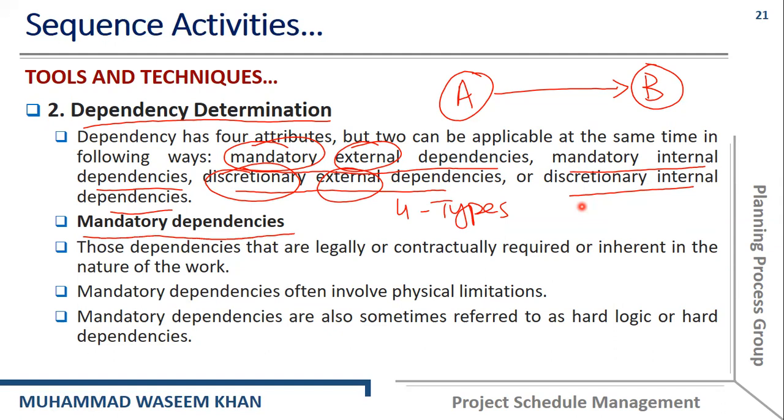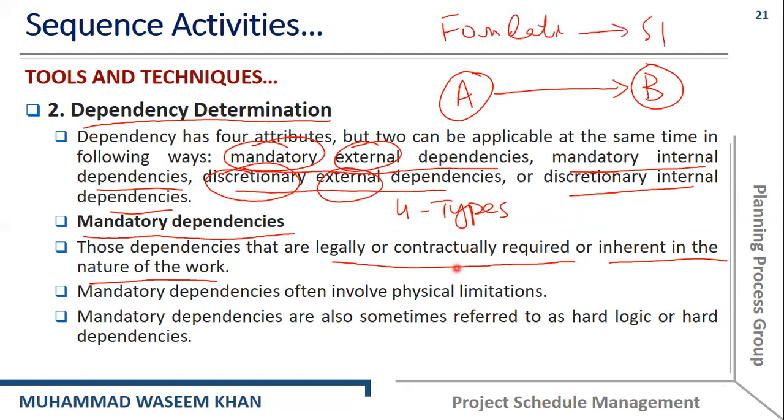So let's talk about the mandatory dependency. Mandatory dependencies are those that are legally or contractually required or inherent in the nature of work. For example, if you want to construct a building, before building a structure, you need to lay the foundations.